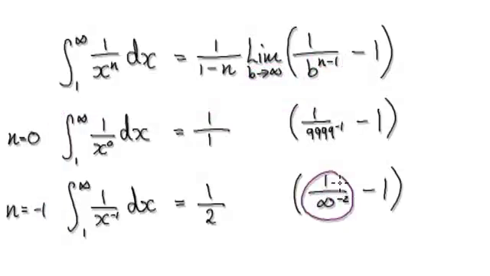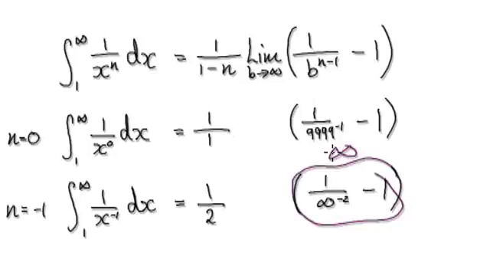So you can imagine this thing here as being infinity squared. Suppose this thing here is a very, very big number, and then you square this very big number, it's going to be even bigger. So this thing here is going to be very, very big. Take away 1, it's still going to be very, very big. So this thing here is infinity. As b tends to infinity, this thing here will be heading towards infinity. So infinity times whatever is still going to be infinity.